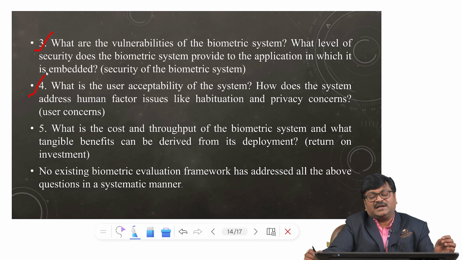And the next one is acceptability by the user. Whether the user is comfortable in giving his right to the biometric system and being allowed for the processing and being authorized. So here the user's comfort and flexibility also matter when he is using the biometric system.